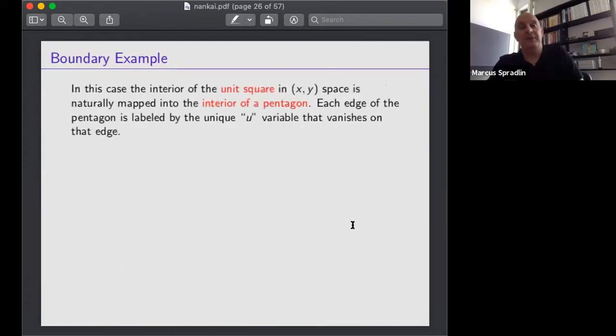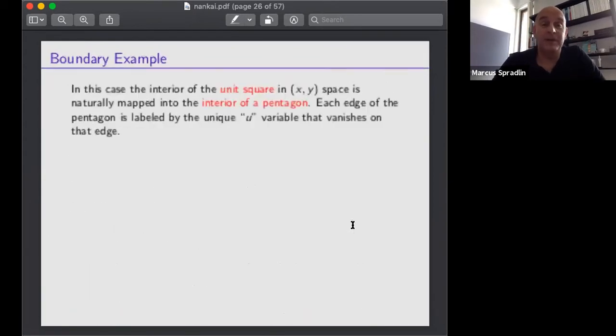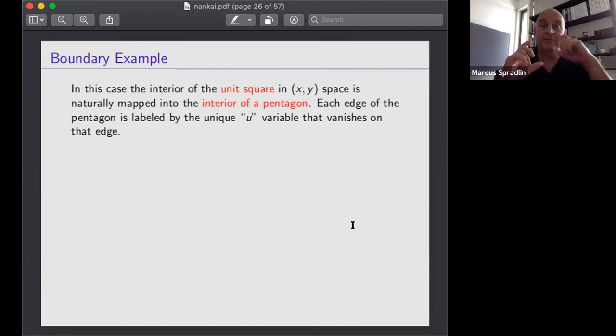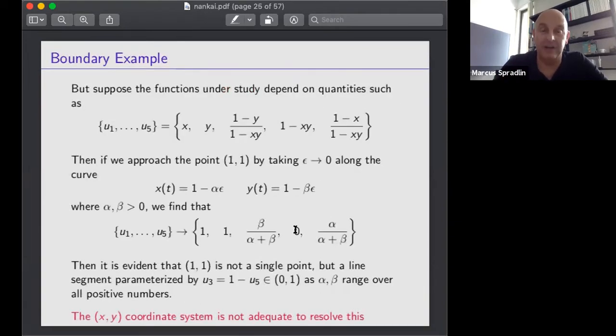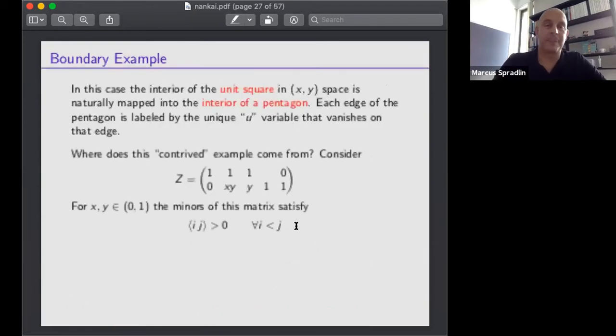Okay, so in this case, using the u variables, the interior of the unit square actually maps to the interior of a pentagon, and each edge of the pentagon is labeled by the u variable that vanishes on that edge of the pentagon. For example, here, the edge that you get at the blowup of 1, 1, I would call the edge where u4 vanishes.